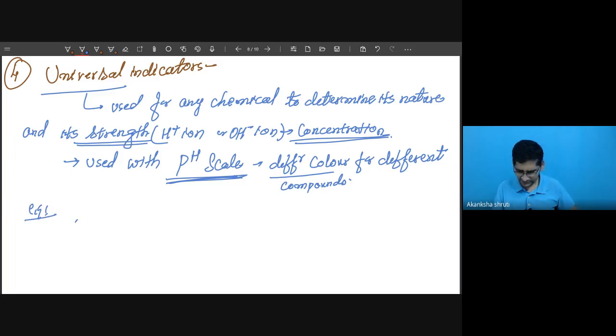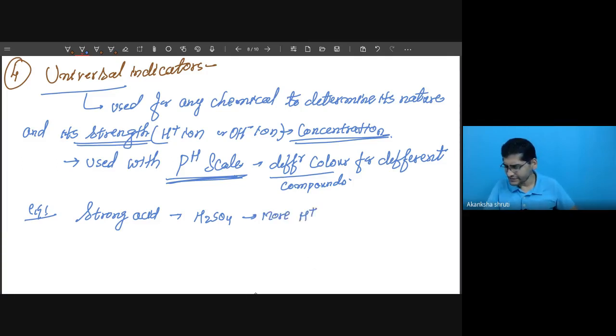For example, if we have a strong acid like H2SO4, it will give more H plus, meaning the ionization tendency is more. This implies it gives more or dark red over this universal indicator scale.